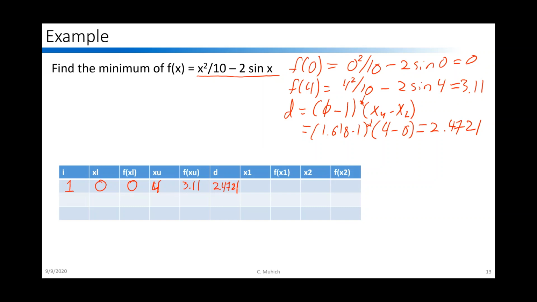So we're going to go back to our definition of what x1 is. In this case, x1 is x lower plus d. So that's 0 plus 2.4721. Oh, well, that's relatively easy. We have just 2.4721.